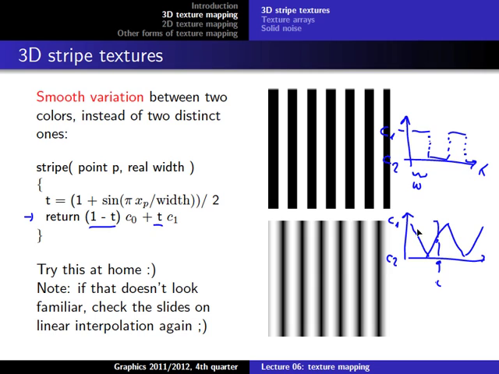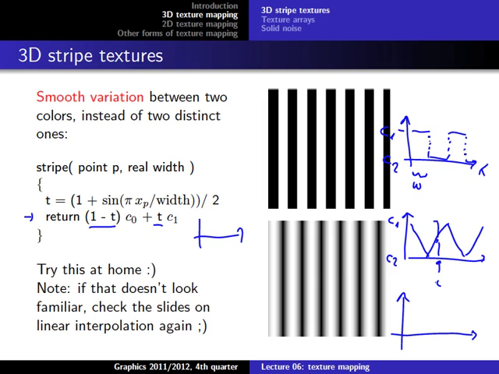Now, of course, this gives us a nice transition here, but it's still quite regular and gives us these strict changes. So if we want to make it a little smoother, we could use the sine function to get the value for the weight. We want a weight between 0 and 1, but the sine is between 1 and minus 1. So to scale that, we move the sine function.